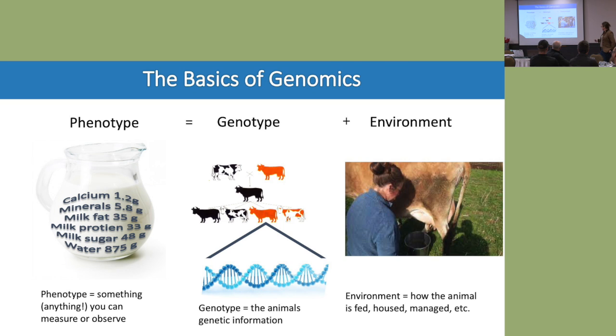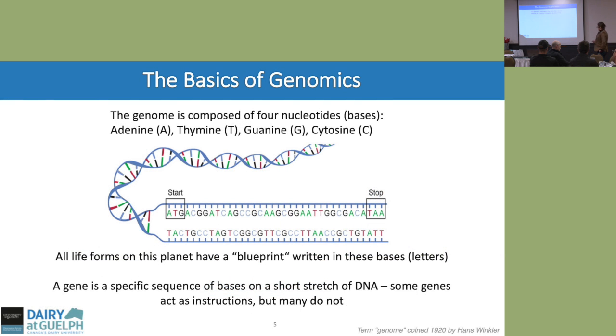And with regards to the environment, we've got quite a few changes that have occurred in the past 50 years with regards to housing and management and feed, right? So the genome is composed of 4 nucleotide bases, adenine, thymine, guanine, and cytosine. And you guys have all seen this wonderful DNA helix stuff, right?